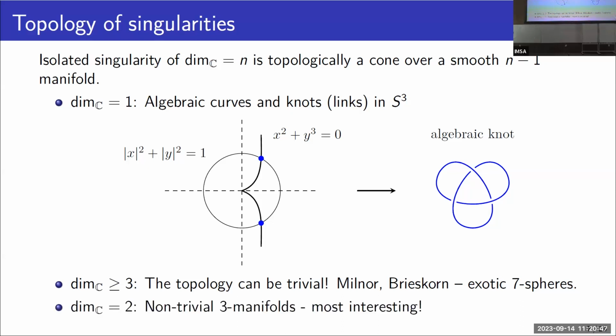Yeah, and so what we are interested in the most is complex dimension 2, so complex surfaces, because then we always get a non-trivial 3 manifold, unless there is no singularity. So this is the case when the topology actually tells us a lot about the analytic structure. Yeah, so in dimension 3, it can be nothing.